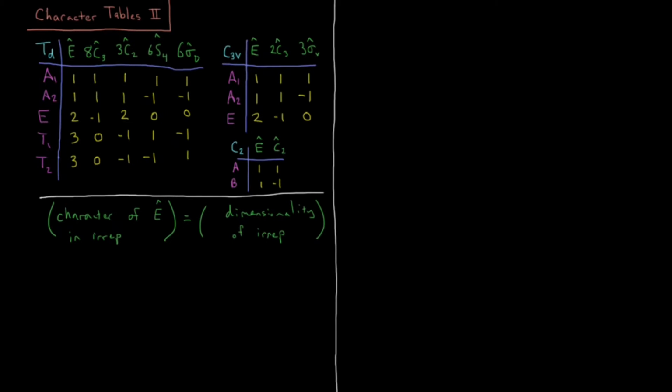That brings us to another term which you might hear anecdotally in the hallways, maybe in class, and that is an abelian point group. An abelian point group is one in which all irreps are one-dimensional.